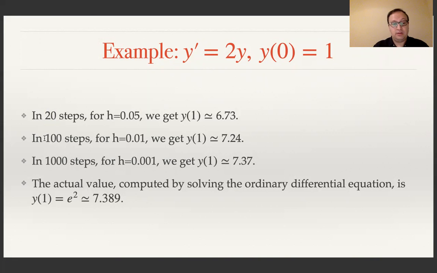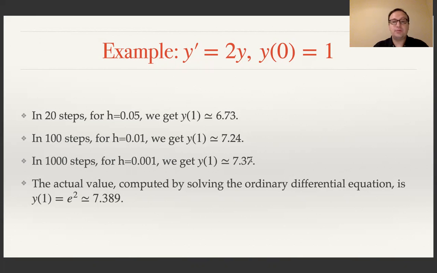If we take 100 steps, so if the step size is 1 over 100 to go from 0 to 1, then y of 1 is approximately 7.24. And in 1,000 steps, the approximate value is 7.37.